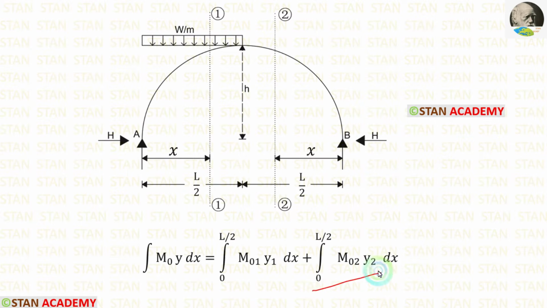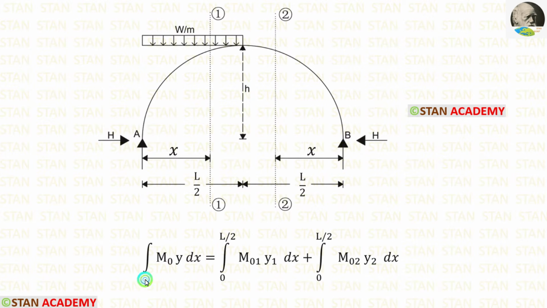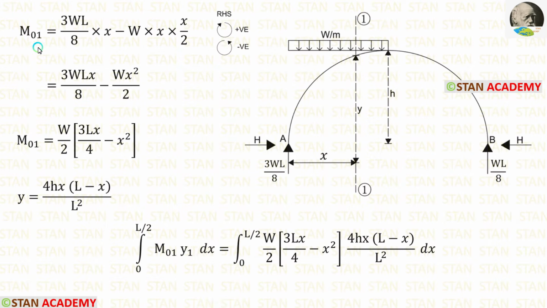For the second integration also, the limits will be 0 to L by 2. Here we have to be careful. When we calculate m01, we must calculate from the point A. When we calculate the moment m02, we must calculate from the point B. In this formula, first I am going to calculate integration of m01 y1 dx.